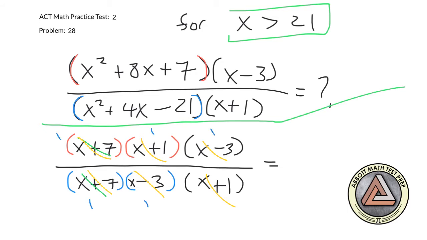It doesn't turn into 0. It turns into 1. So what you really have here is 1 times 1 times 1, and you have 1 times 1 times 1, and it's going to be 1 over 1, right? And that equals 1, which is answer choice F. Answer choice F, and that's how you do that one.